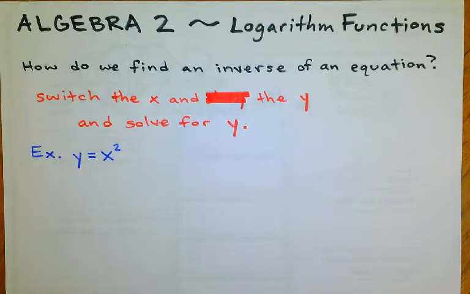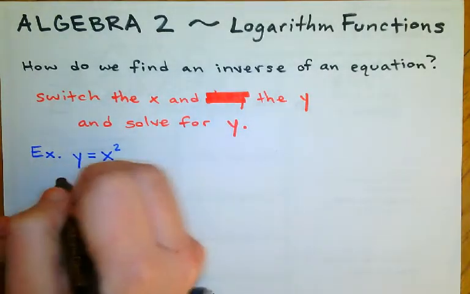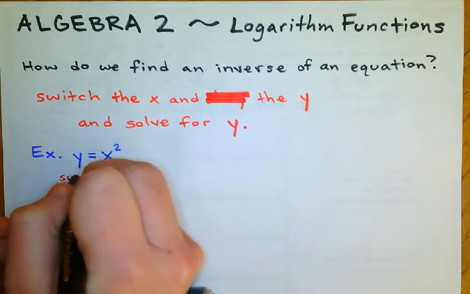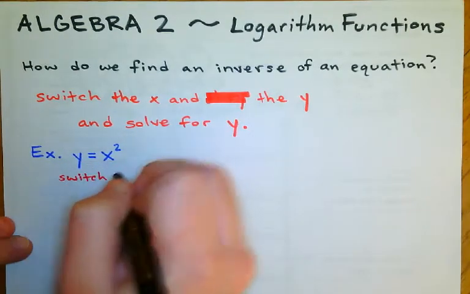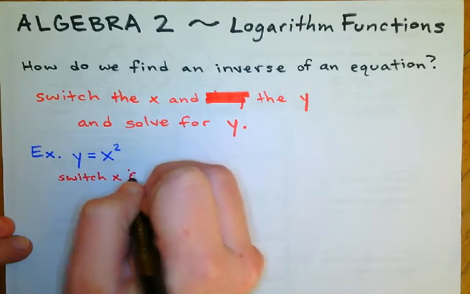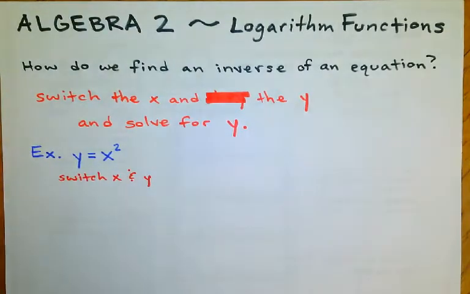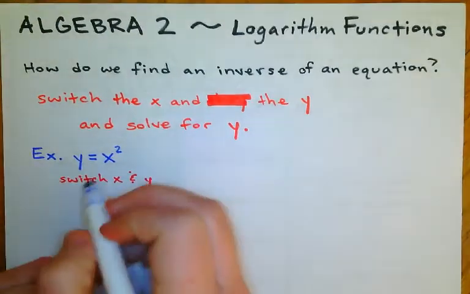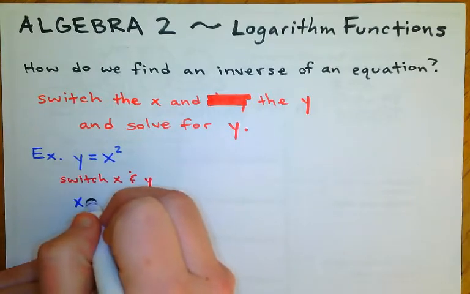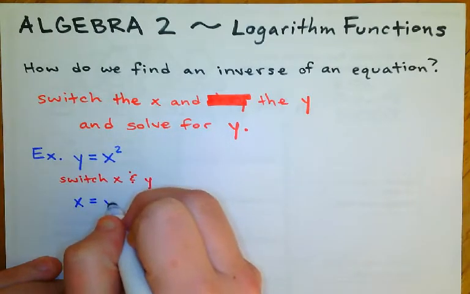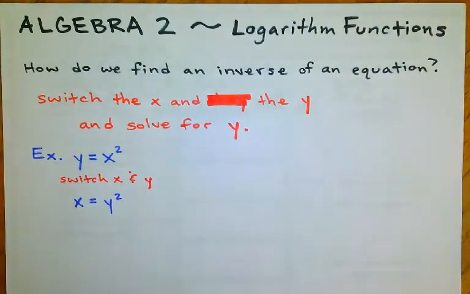Just made that up off the top of my head. I know, super basic. Anyways, if we want to find the inverse, we are going to switch x and y. So that means we have x equals y squared.